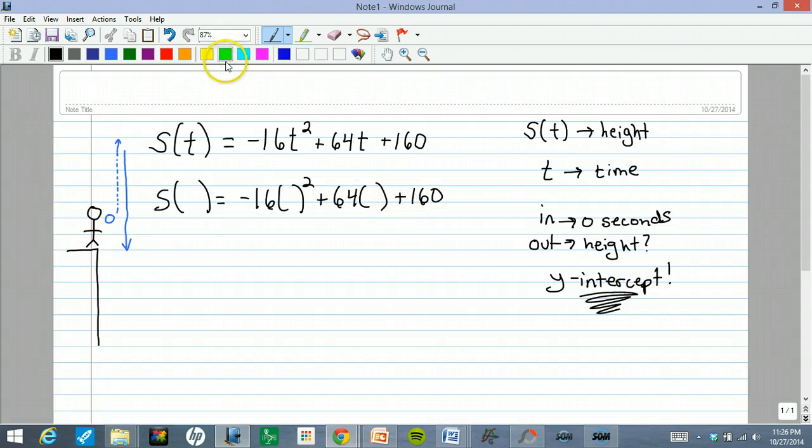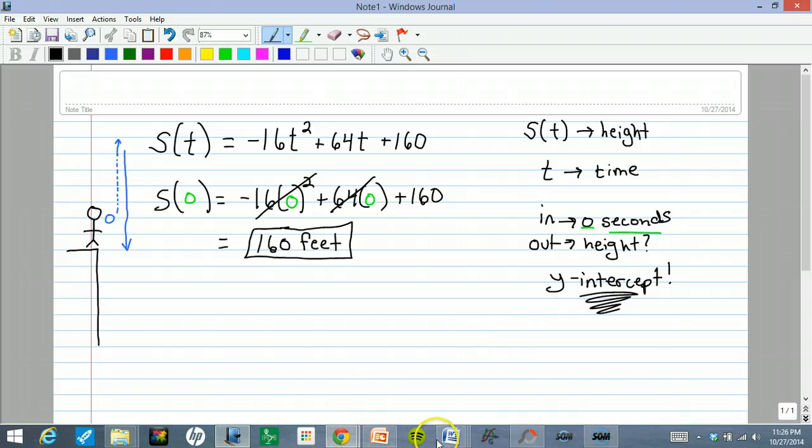I love to use some color. Input 0 seconds. What's the output? If you remember standard form, that makes 0, that makes 0. 160. 160 feet, since we're in the context of a problem. So at the beginning of this problem, the ball was at 160 feet in the air.